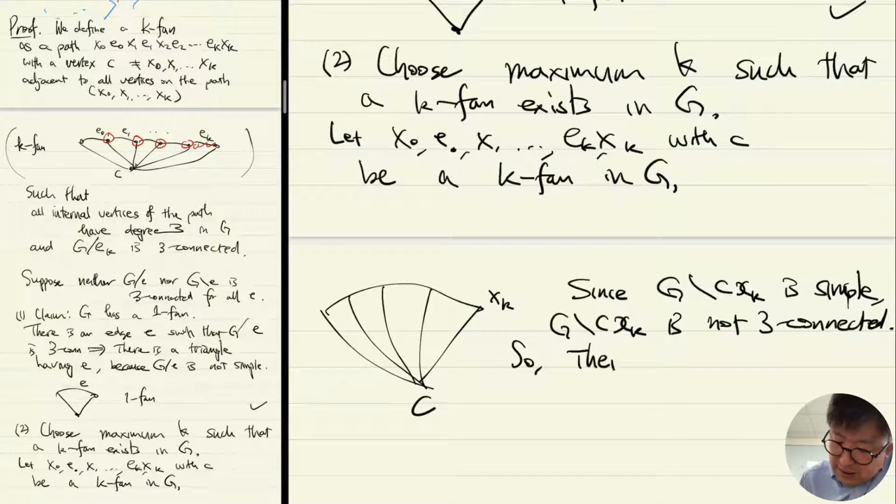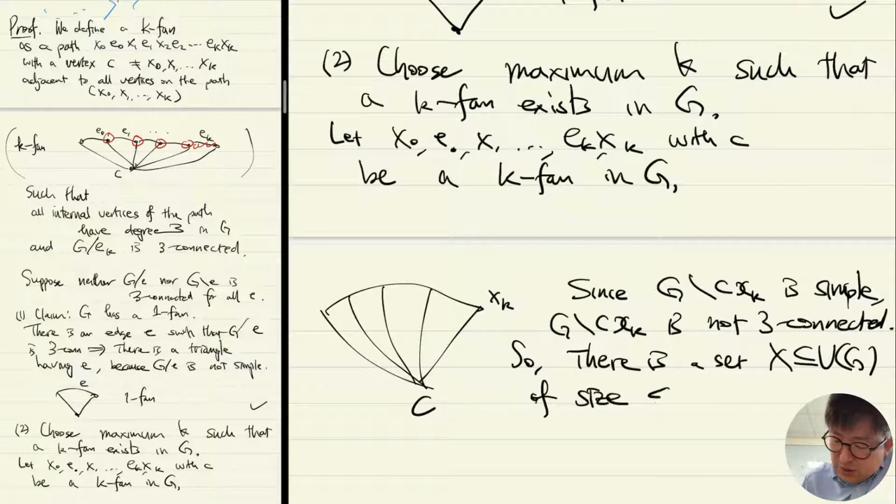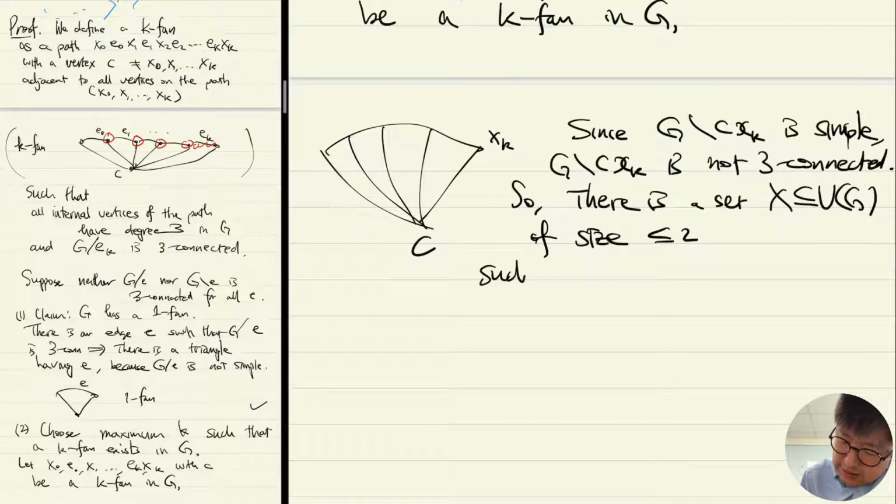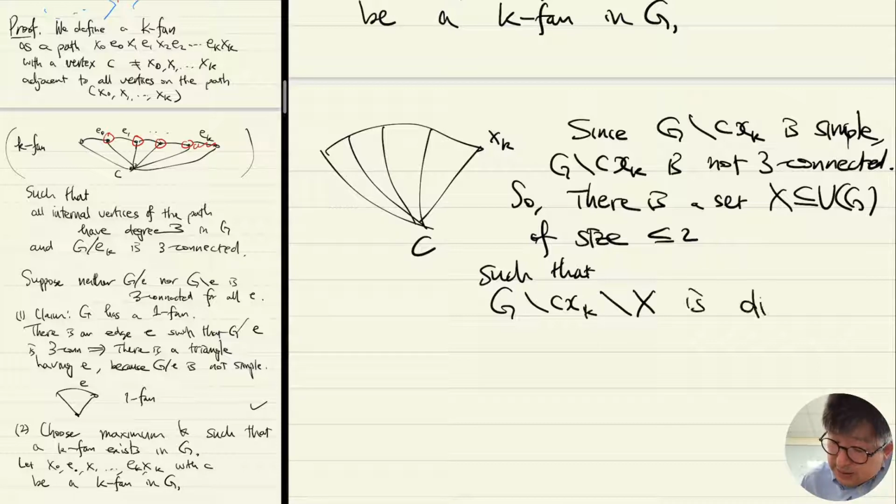So there is a set X of size at most 2 such that G delete cxk delete X is disconnected.